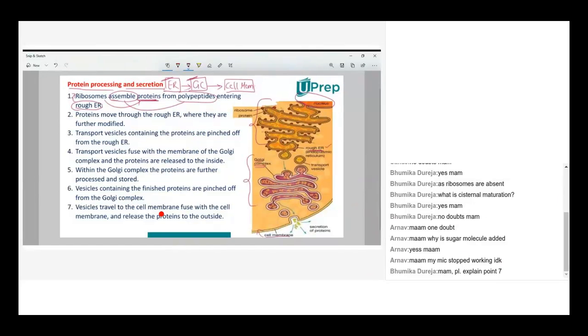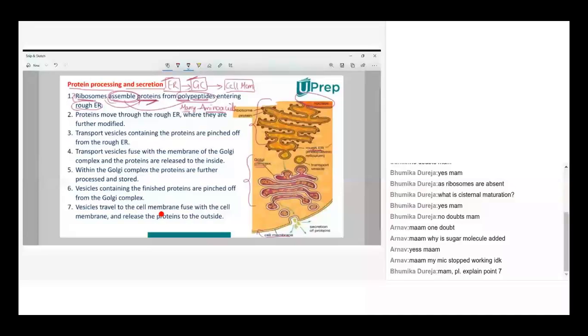Polypeptides here stands for poly, many. Peptides are nothing but amino acids joined together. So proteins are synthesized by ribosomes by assembling many amino acids, so that protein will be produced in the rough endoplasmic reticulum. This is the first point.